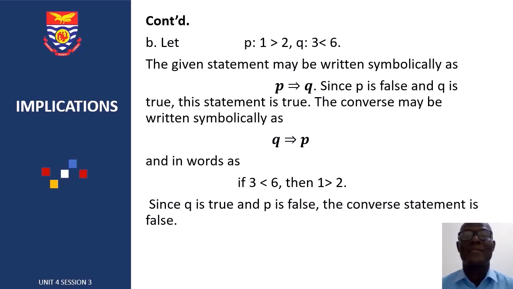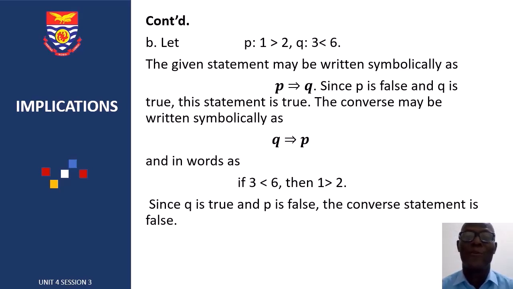Writing this symbolically, we write P implies Q. To determine if P implies Q is true or false, 1 is greater than 2 is false, and 3 less than 6 is true. Since the first statement is false and the second statement is true, we conclude that P implies Q is true.